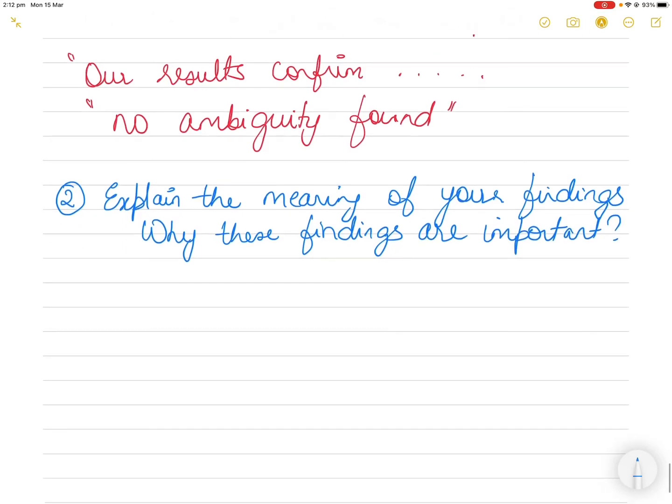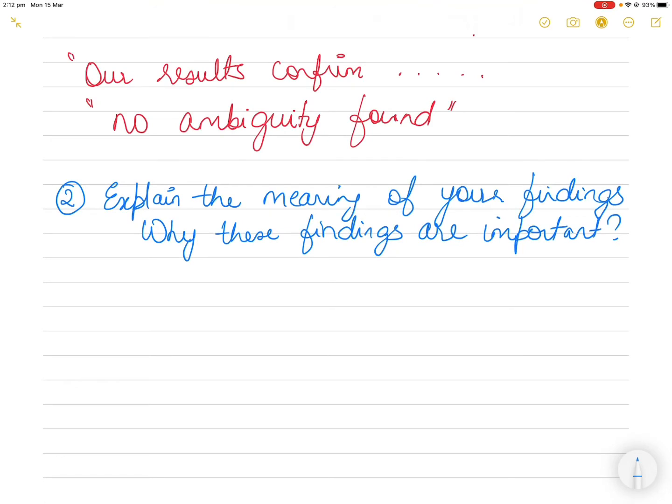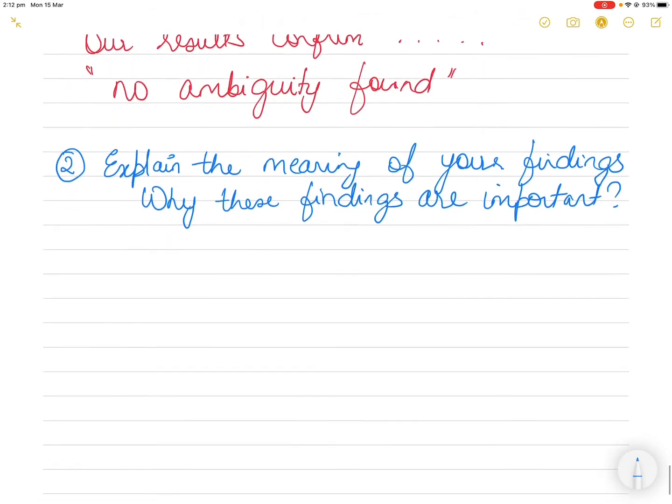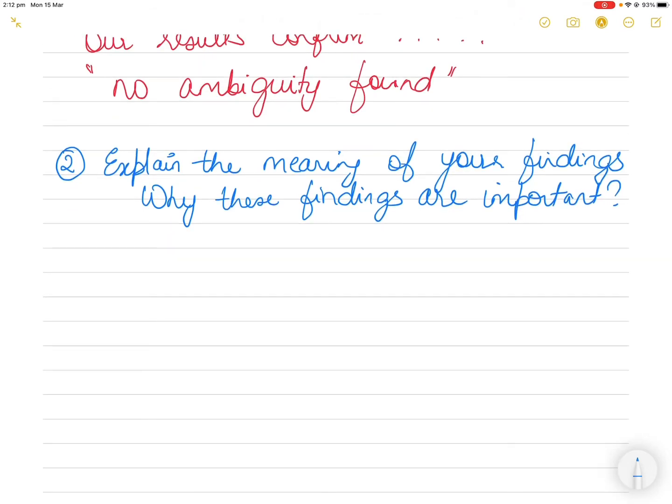All right, so no one has thought as long and as hard about your study as you have. So as a person who has conceived, designed, and conducted the study, the meaning of the results and their importance seem obvious to you. However, they might not be so clear for the person who's reading your paper or your thesis for the first time. So here, make sure you highlight the findings without appearing arrogant.